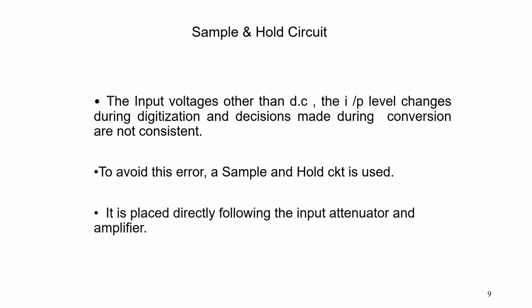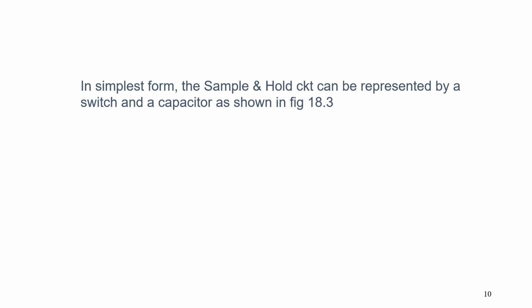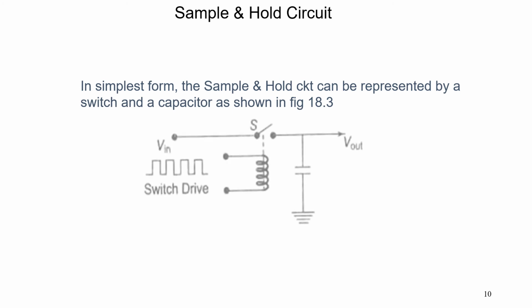It is placed directly following the input attenuator and amplifier, as you have seen in the block diagram. In the simplest form, the sample and hold circuit can be represented by a switch and a capacitor, as shown in this figure.